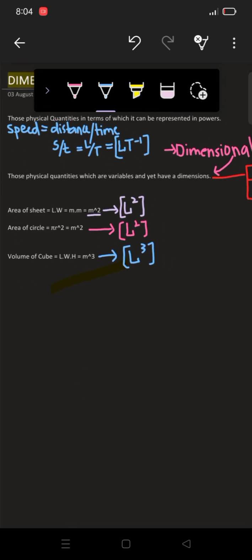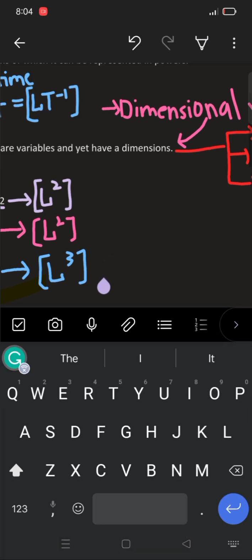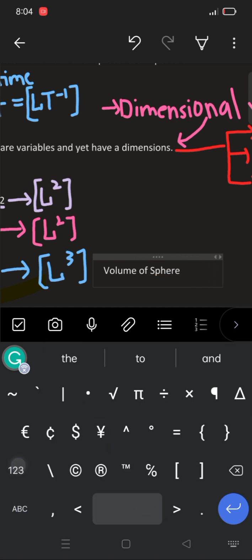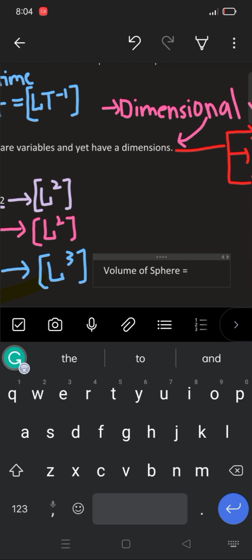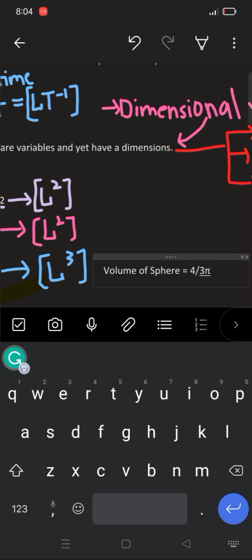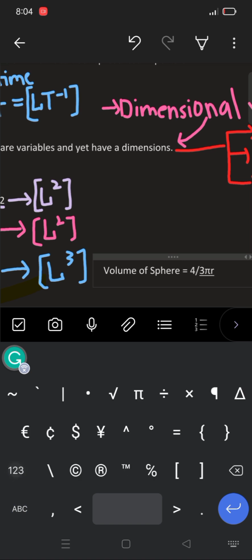Now let's see whether the dimensional formula is the same for another shape. Let's take an example of volume of sphere. The formula of volume of sphere is 4 by 3 pi r cube.